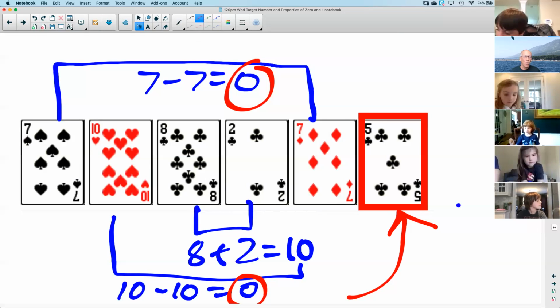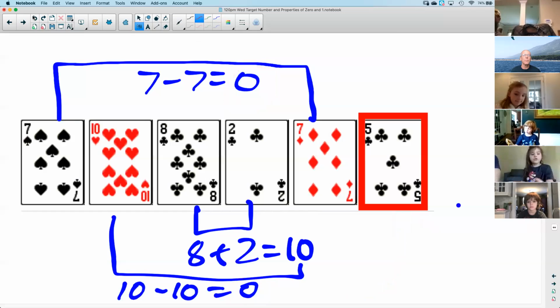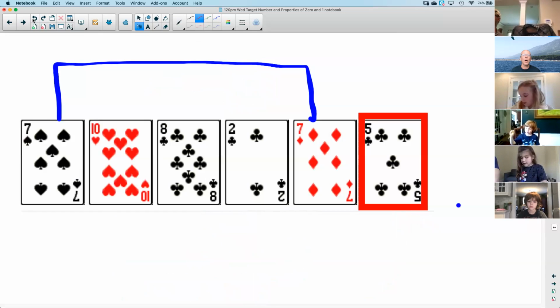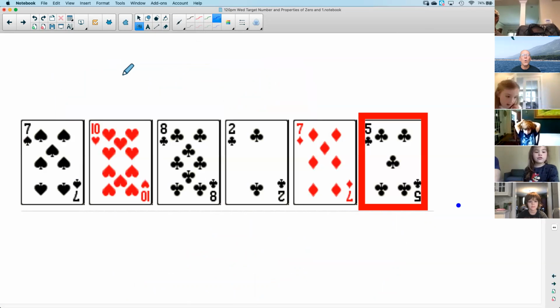Now, Victoria, you had your hand up. Go. Not the whole thing, but just for 1. So we can take the 7 and the 2 and then make it into 10. Whoa, hold on. 7 and 2, do you want to add them? Yeah, I was adding them.